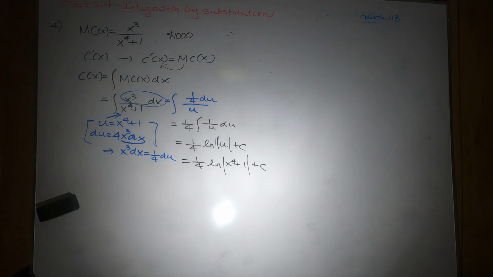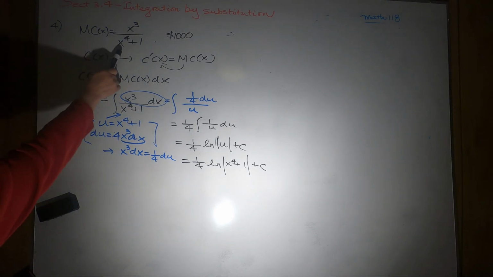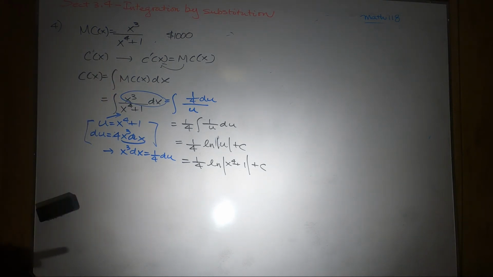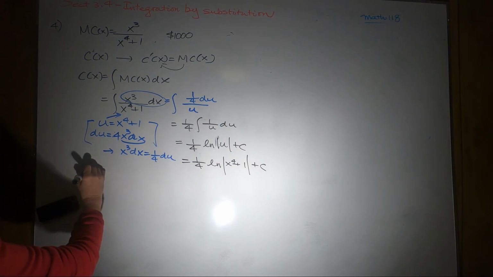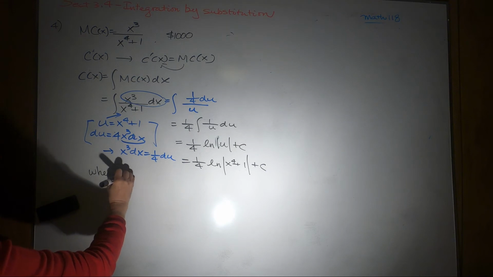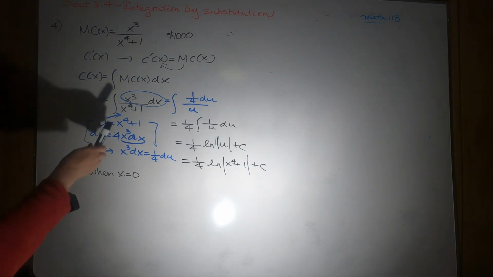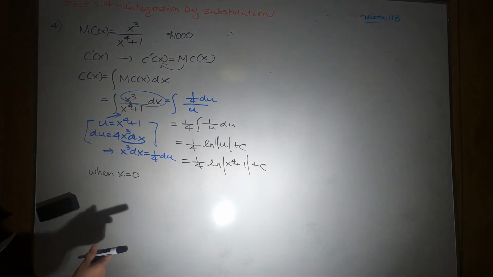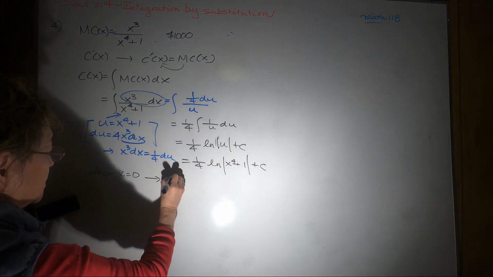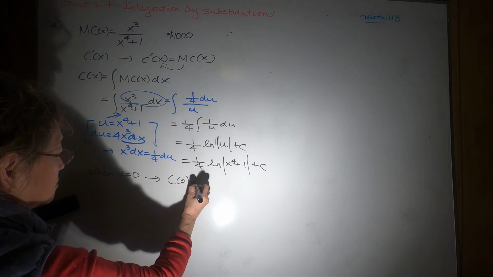So for this marginal cost function, for its cost, if x is 0, right? When x is 0, it should not cost you anything but the fixed cost. So what do you have? You plug in 0, right?